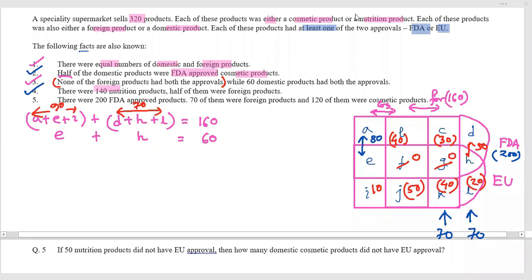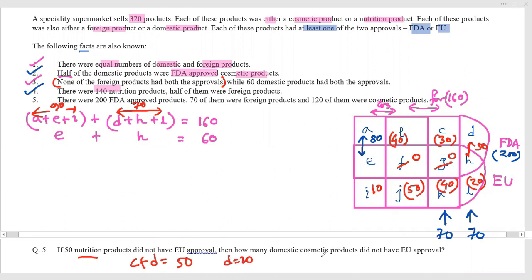Now our fifth question. If 50 nutrition products did not have EU approval, nutrition products, so it should be this part, CD. That means C plus D is equal to 50, it has mentioned. And C is equal to 30, that means D is equal to 20.